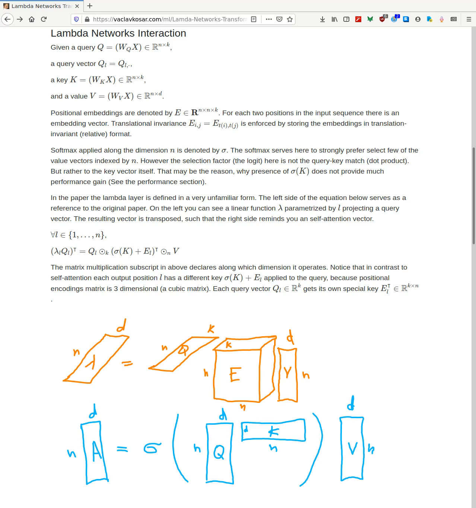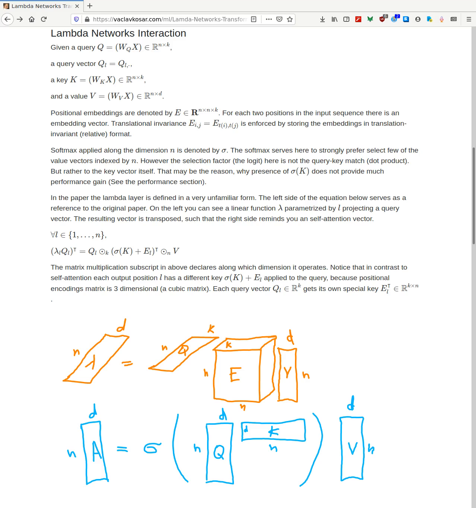For each two positions in the input sequence, there is an embedding vector of size k. They also introduce translation-invariance, which is excellent for images, by storing the embedding vectors in a translation-invariant, that is, relative format.